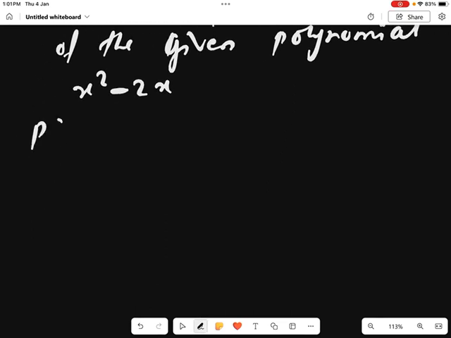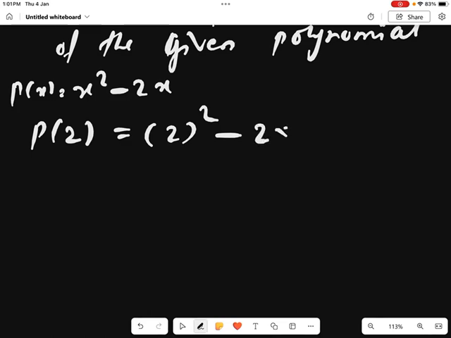Then p of x is equal to x square minus 2x. Then we'll put x is equal to 2. That means 2 square, then 2 into 2. That is equal to 4 minus 4. That is equal to 0. So 2 is a 0 of the given polynomial.